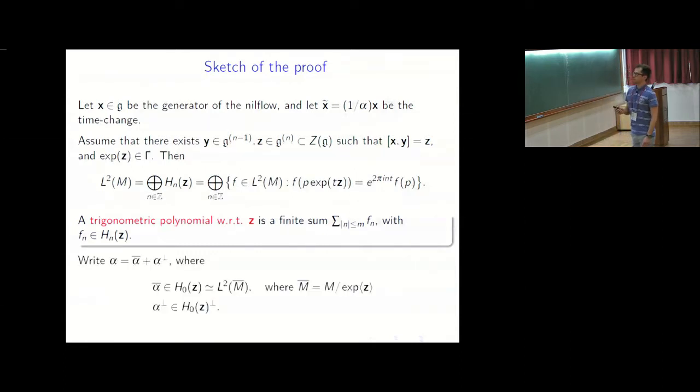So the first step is we write our time change function as a sum of one component that lies in the zero Fourier mode, which is just the functions which are invariant by Z. In particular, you could see them as pullbacks of functions that live on the nilmanifold given by the quotient by the action of Z, and everything else.